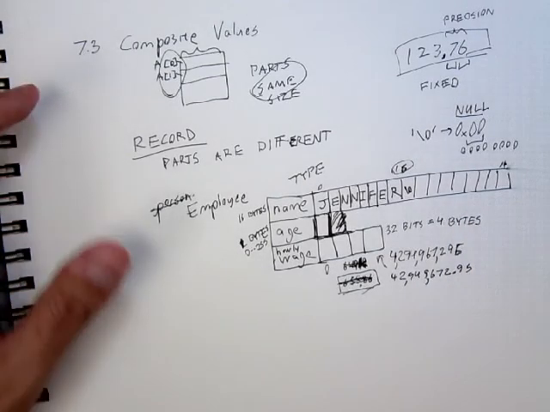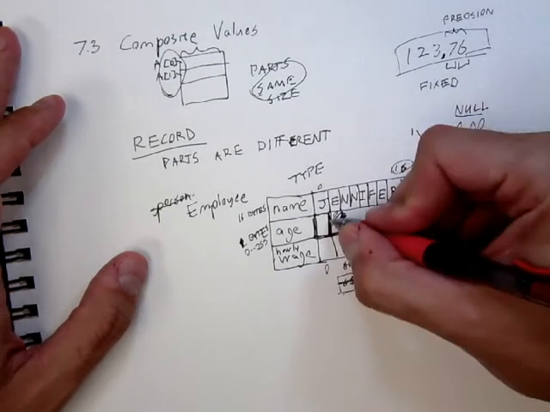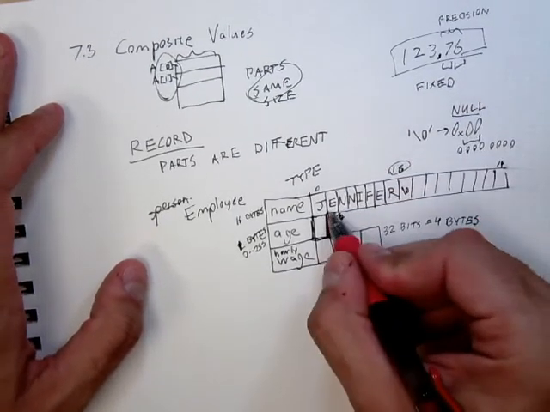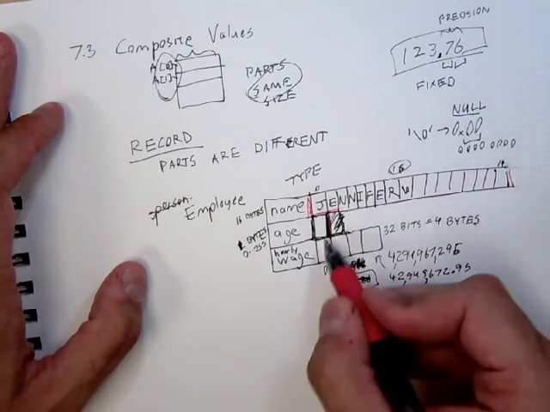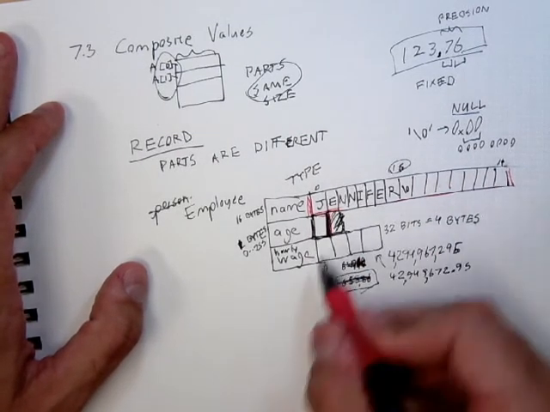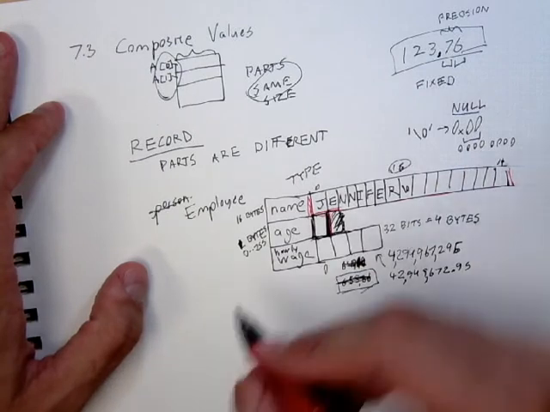So I think the important point here is that we now have a record where each element is a different size. The first element might be 16 bytes, the second might be 1 byte, and the third might be 4 bytes.